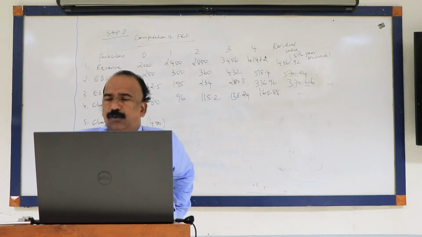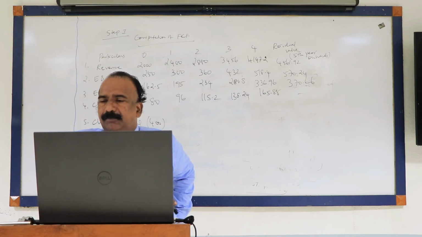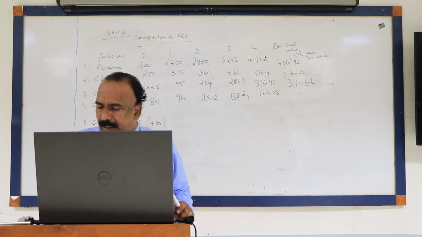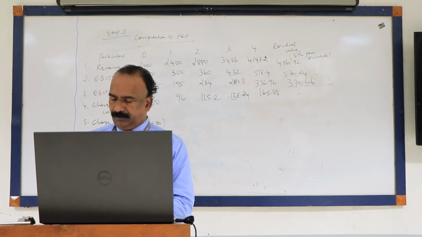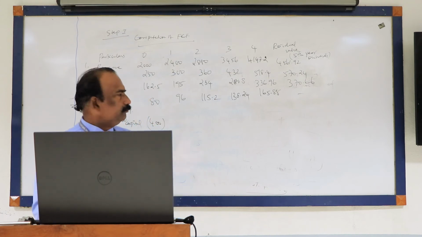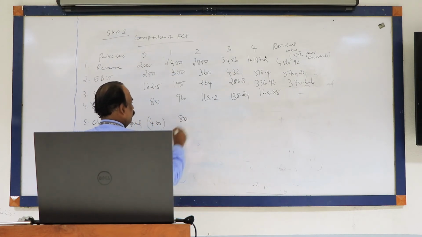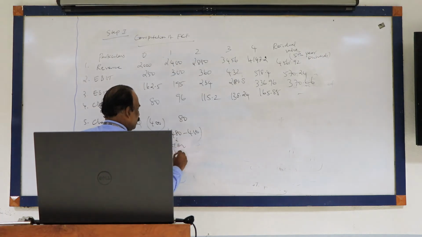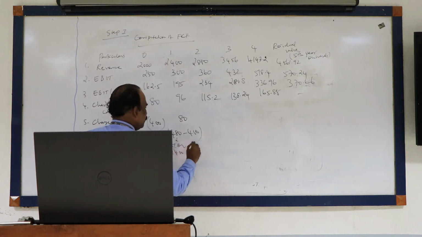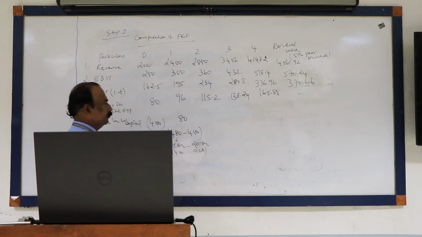So 20% of 2,400 is 480. So what is the change in working capital? Change in working capital is 80. Got it? That is 480 minus 400, that is 20% on 2400 minus 20% on 2000. All of you got it?